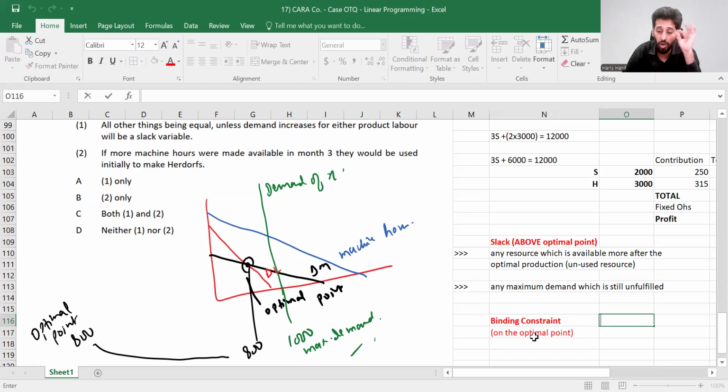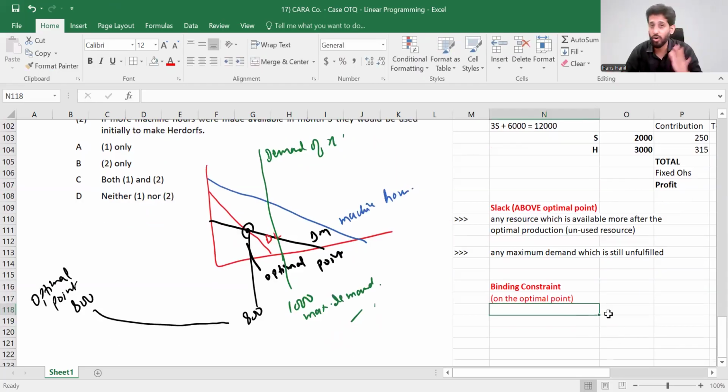A binding constraint is not the demand. It is always of a resource, that is 100% utilized resource. So it is on the optimal point. Please remember this. This is a very simple indication to identify slack and the binding constraint.